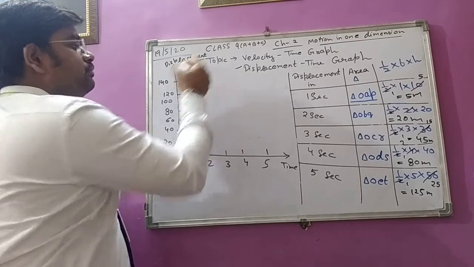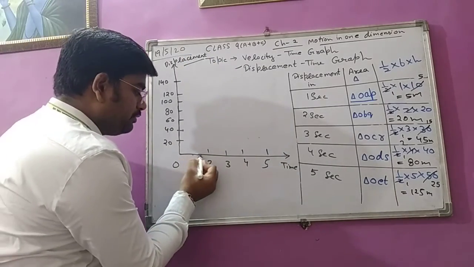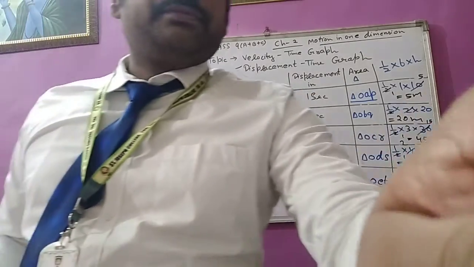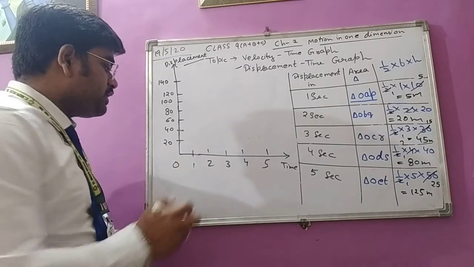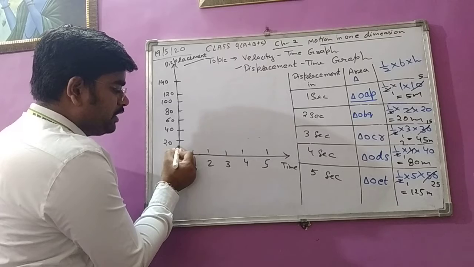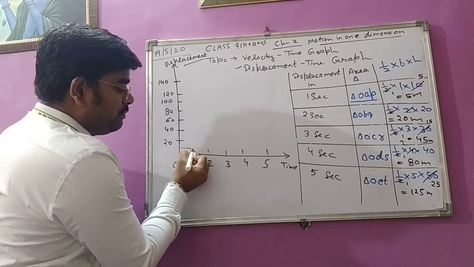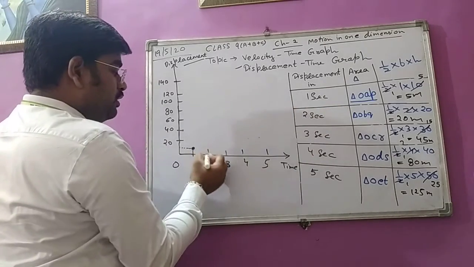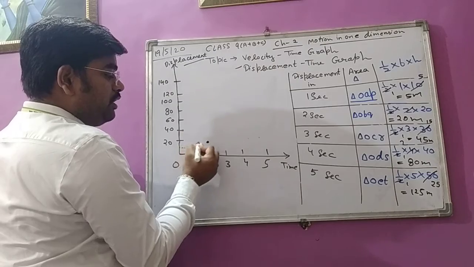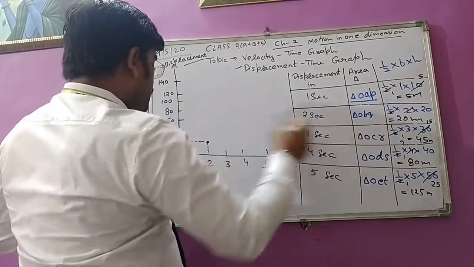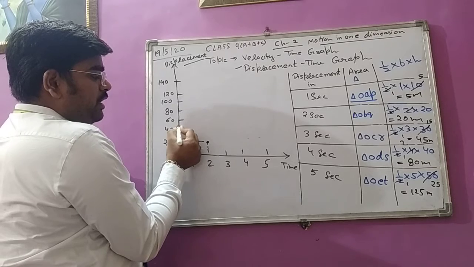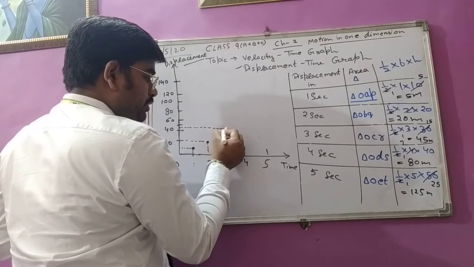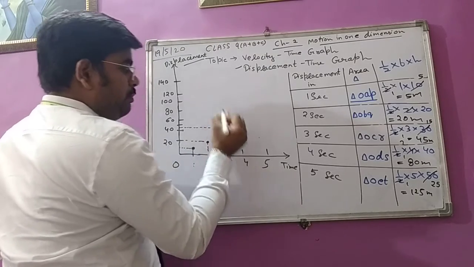Now plot the value for the first second. For the first second, the displacement is 5 meter. I hope this is your 10 and this part will come to 5. So this will be your 5, and 20 for the second. This is your 20. Okay. Suppose that 45 will come here, this is your 50 and 45 will come here, and that point you will get.